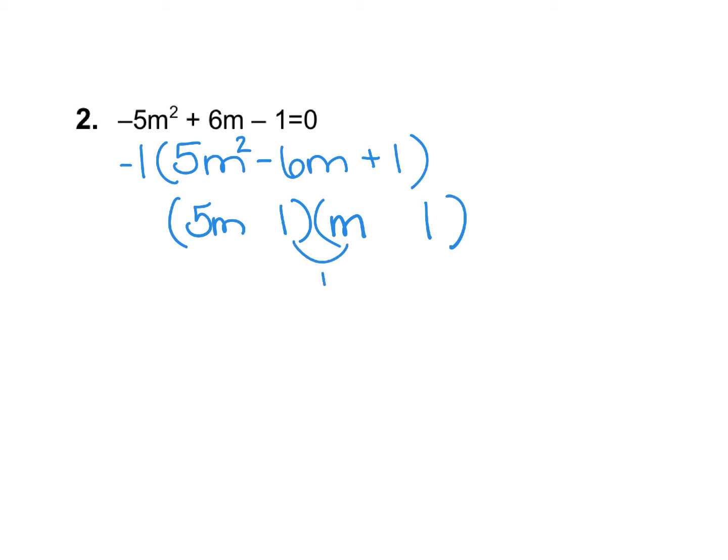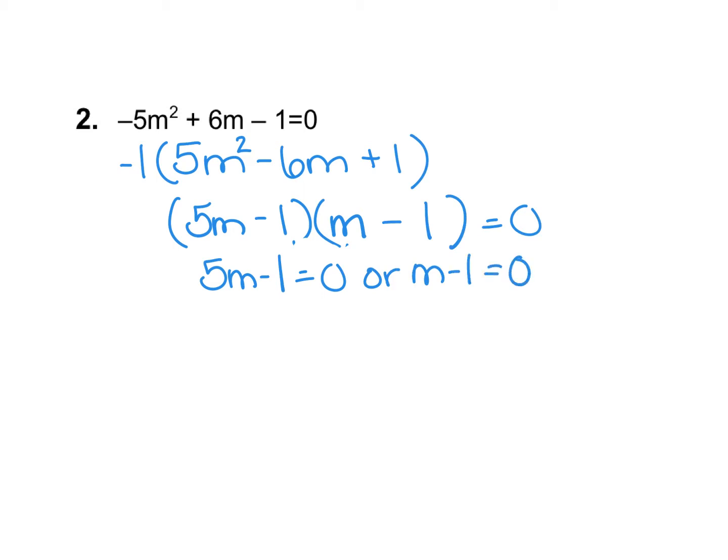And let's take a look. I have a 1 and a 5. Now I need a negative 6m. So just like in the last one, we're going to have two negatives here. And so now that we factored it, let's solve. I'm going to have 5m minus 1 is equal to 0, or m minus 1 is equal to 0.